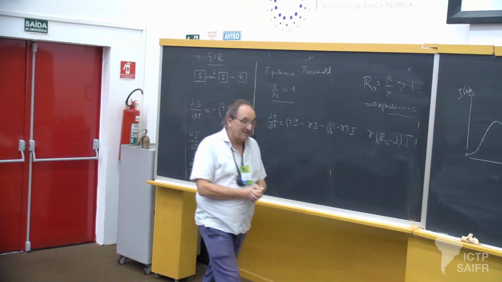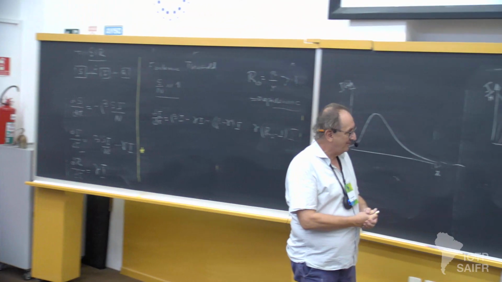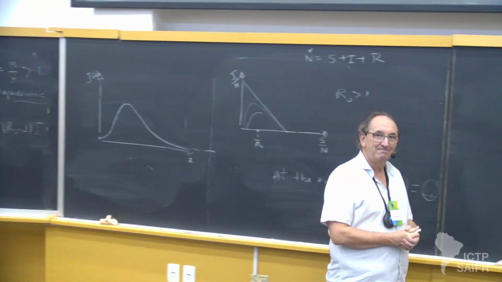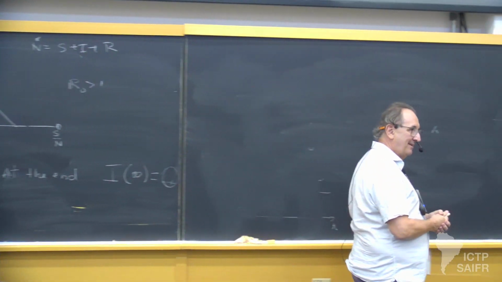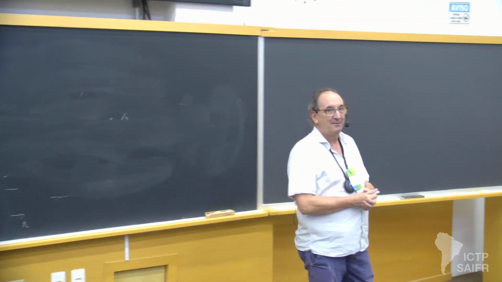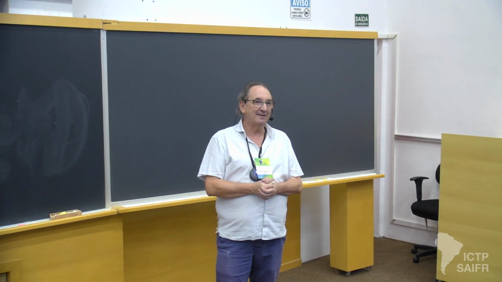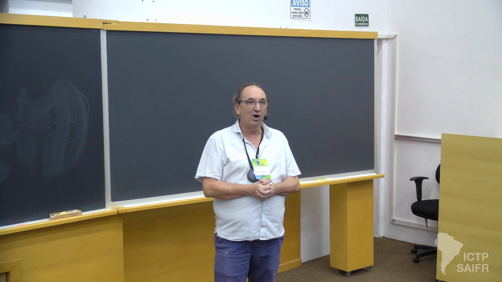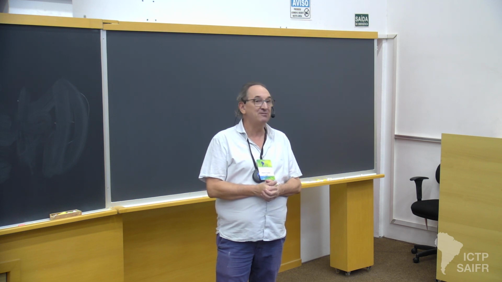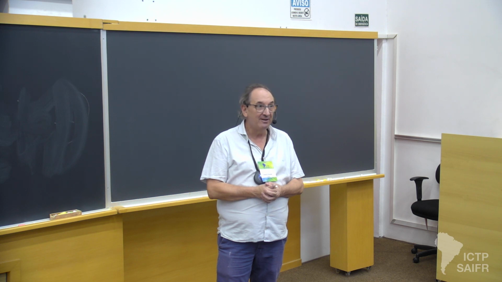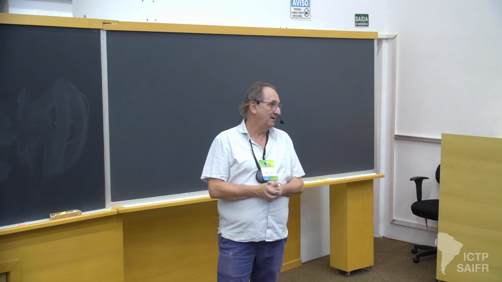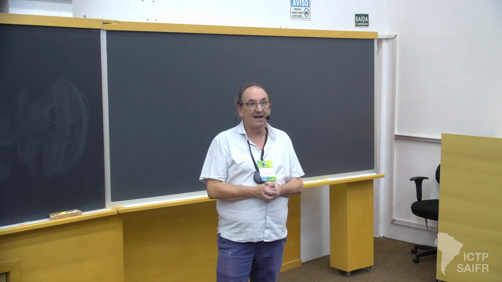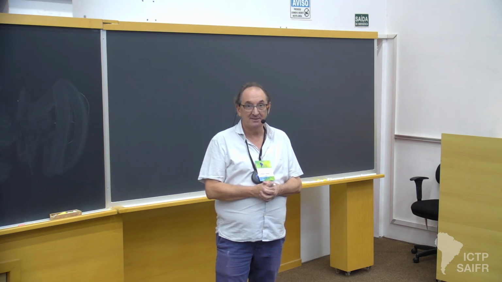In particular, I want to know if at time infinity I will have S equal to 0 and R equal to N? Or will there be a number of susceptibles remaining in the population after the infection burnt out, after the end of the epidemic? That's a good question.